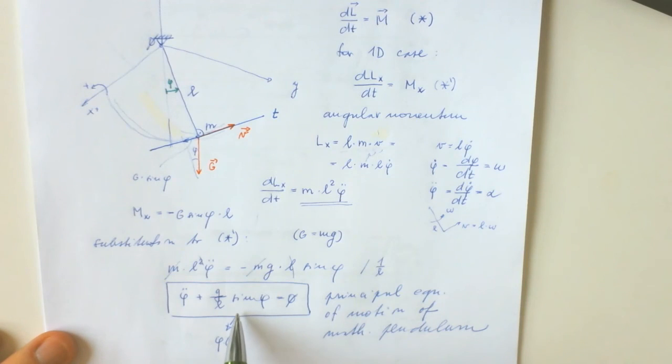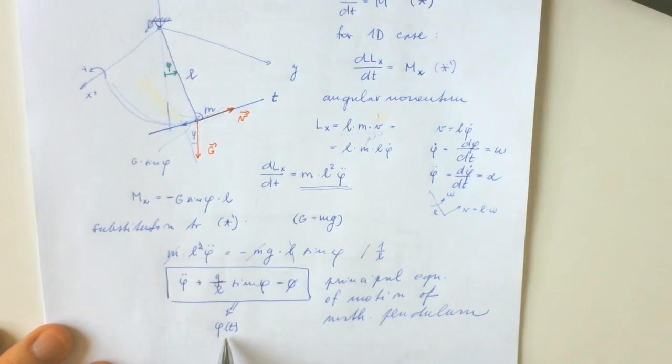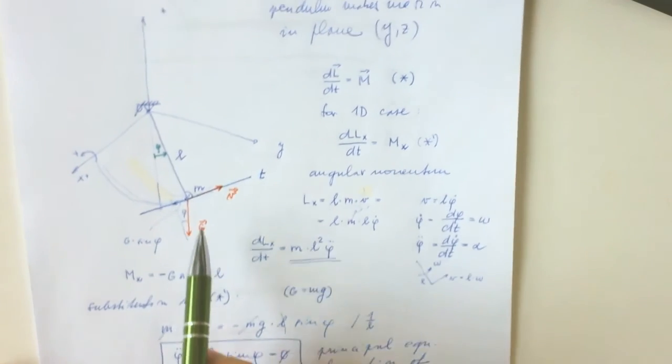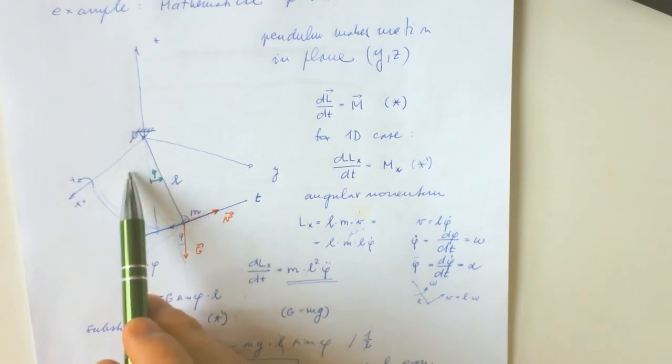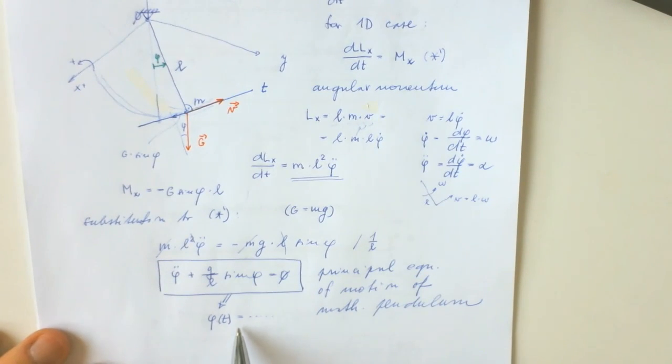We got this equation already in the previous example when we solved the mathematical pendulum using the free body diagram method, and the subsequent calculation, how to get the angle with respect to time, how to solve the motion of the pendulum, is the same as in the previous example.